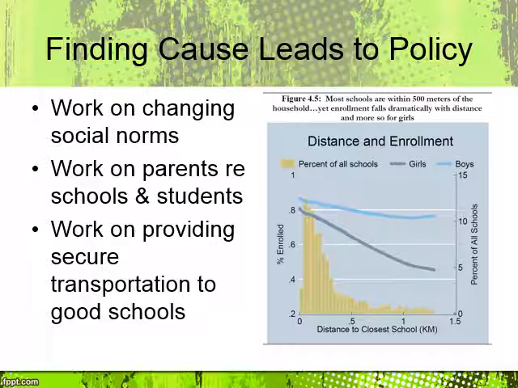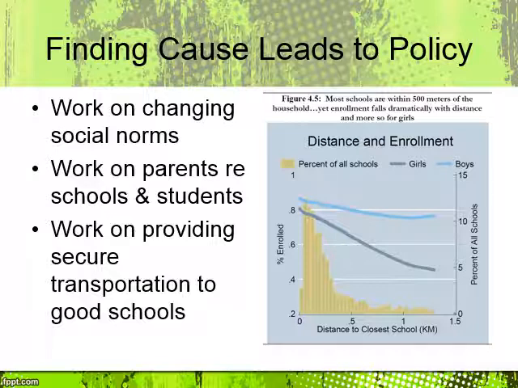So as the schools are further, the enrollment decreases. But this effect is much more dramatic for girls and much less significant for boys. So parents are willing to send male children to longer distances to schools, and they are not willing to send girl children to long distances.